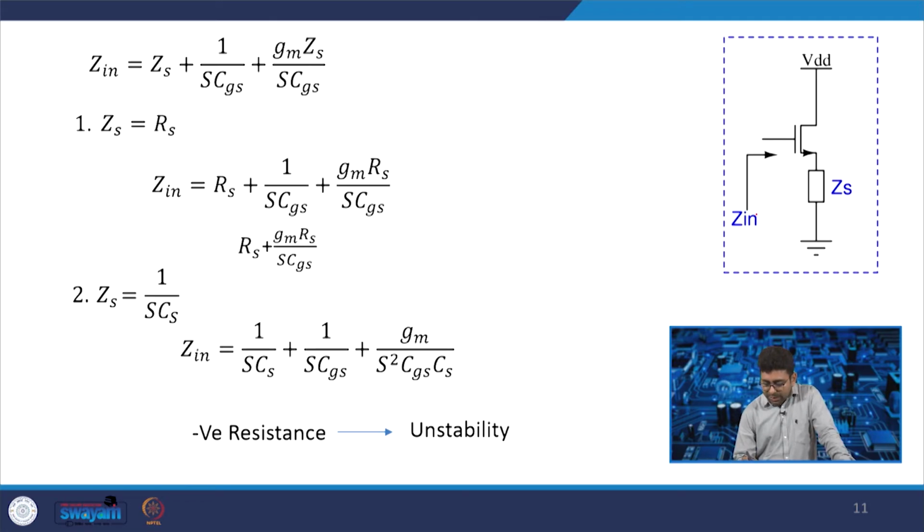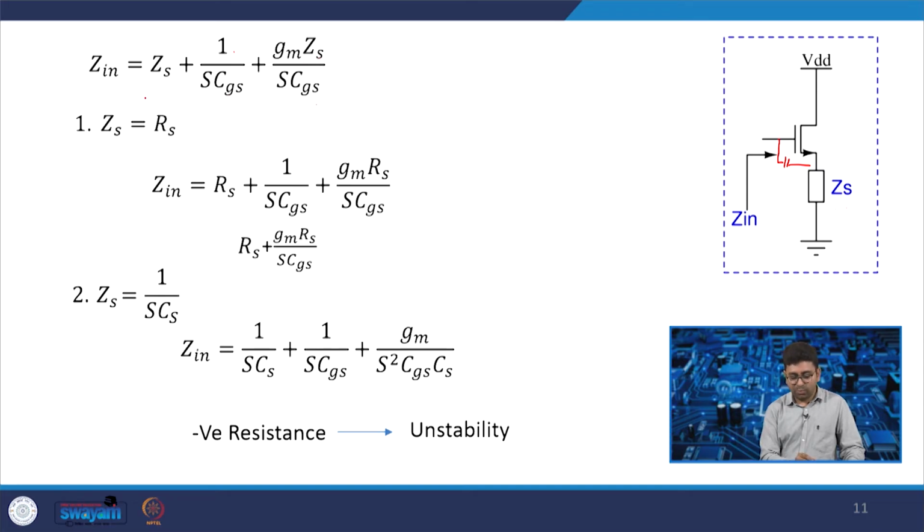Here, if you have a ZS, this is your MOSFET, and you have connected the impedance ZS, and if you want to consider the Zin, and there is a CGS capacitor, you can write Zin equal to ZS plus 1 by sCGS, that is due to the capacitor, and you will get Gm into ZS by sCGS.